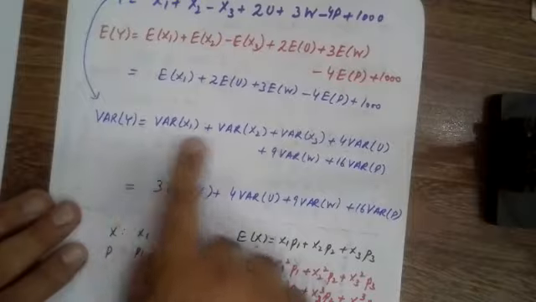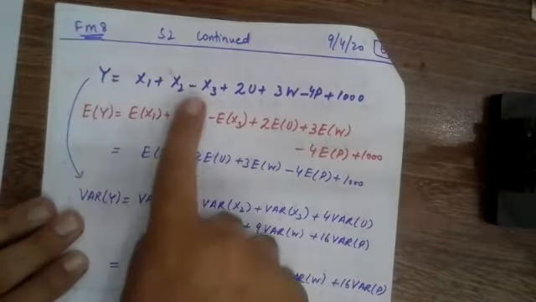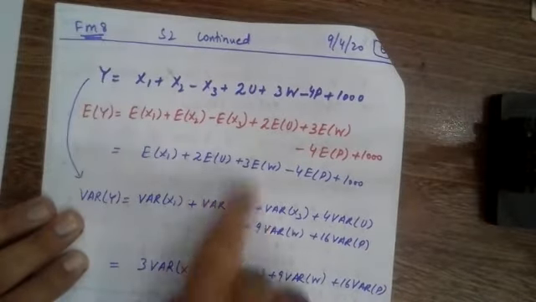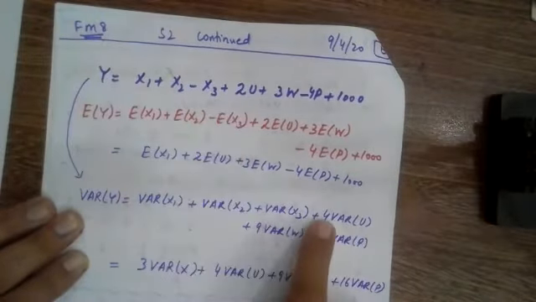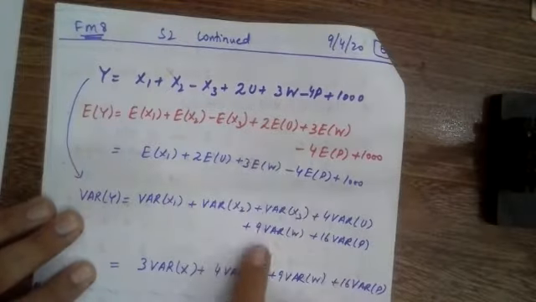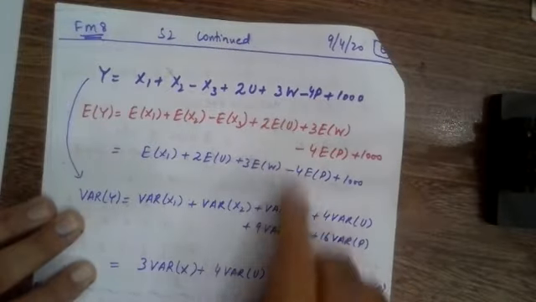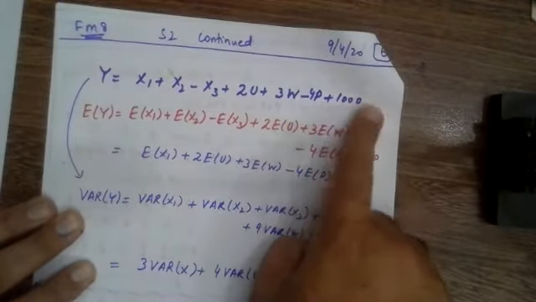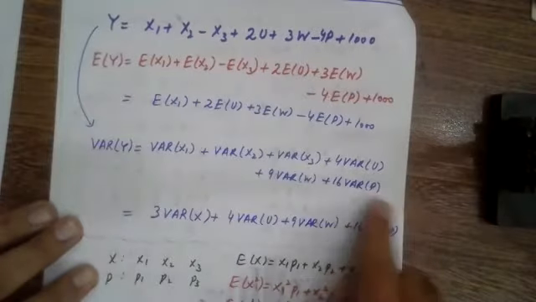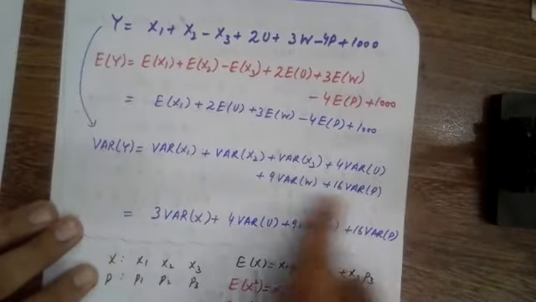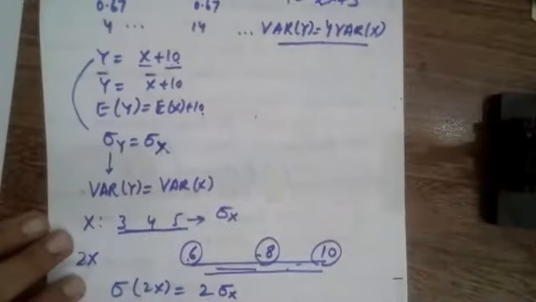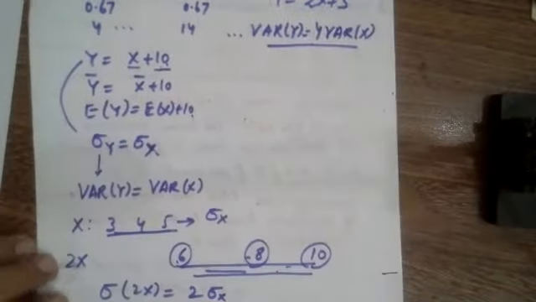And when we calculate variance, this negative sign is converted to plus, this 2 is squared, it becomes 4 over here, this 3 becomes 9 over here, and this minus 4 becomes plus 16, and this 1000 carries no significance in the case of variance.